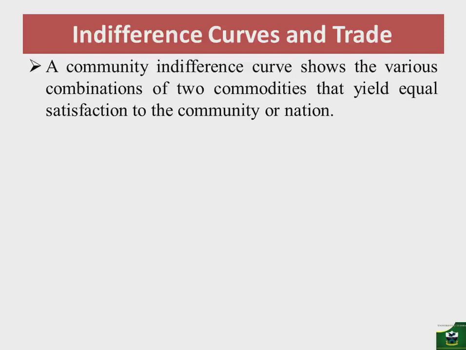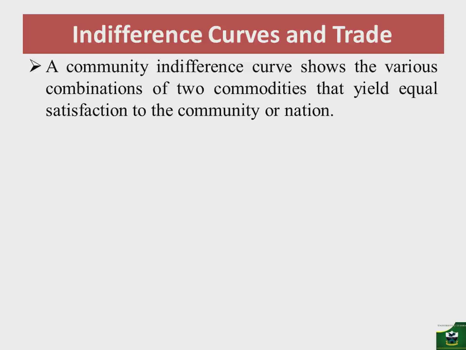What this means is that we are looking at different points of consumption for any given country or community, and upon the consumption we see that the level of utility or satisfaction for that community will be unchanged along a given frontier. So as opposed to looking at a simple indifference curve, here we are looking at the indifference curve for the entire nation or the community in general.